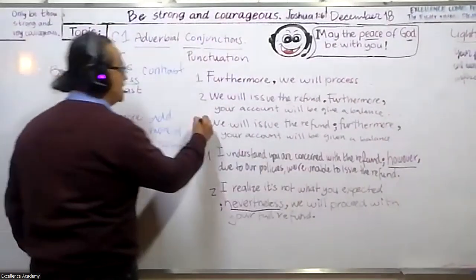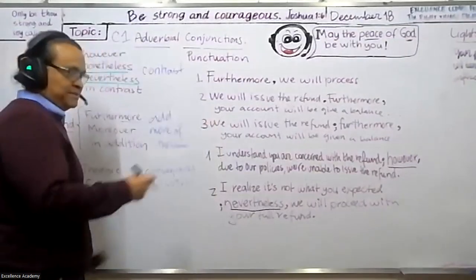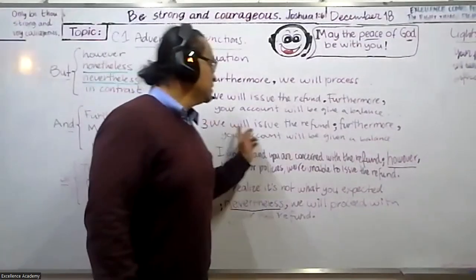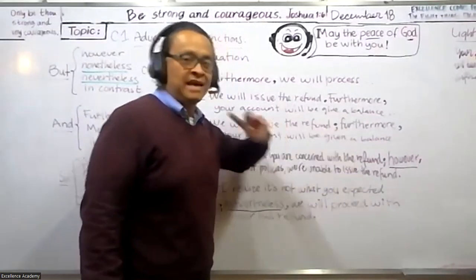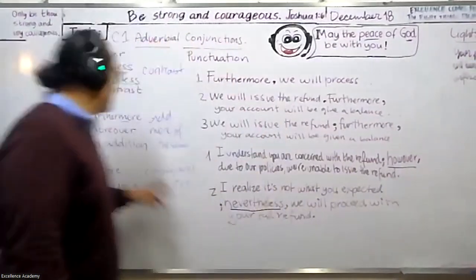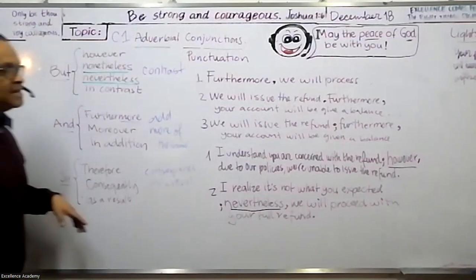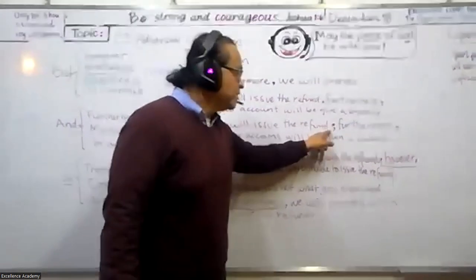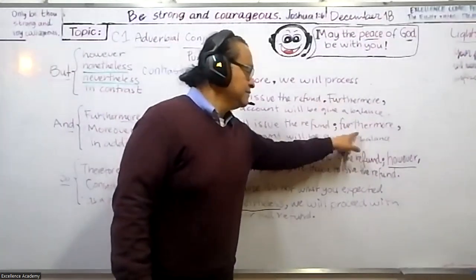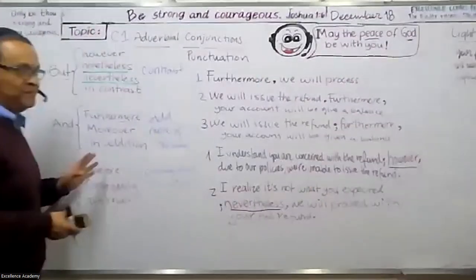And the third style, I don't use this one too much, but a lot of people do. We introduce the adverbial conjunction, doesn't matter which one it is, you can use any of these, right? With a semicolon, the adverbial conjunction, and a comma. And those are the three correct punctuation rules for adverbial conjunctions.